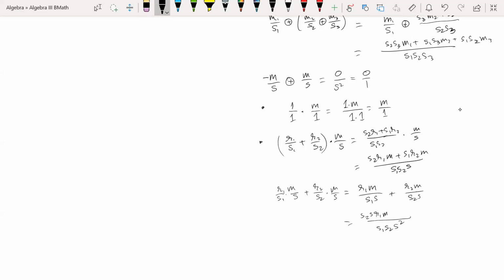S2S R1M plus S1S R2M is what we get in the numerator, and as we can factor it out, we get S2 R1M plus S1 R2M times S, over S times S1 S2 S. Then you can show that this fraction is equal to the other fraction, so these two are in the same equivalence class.